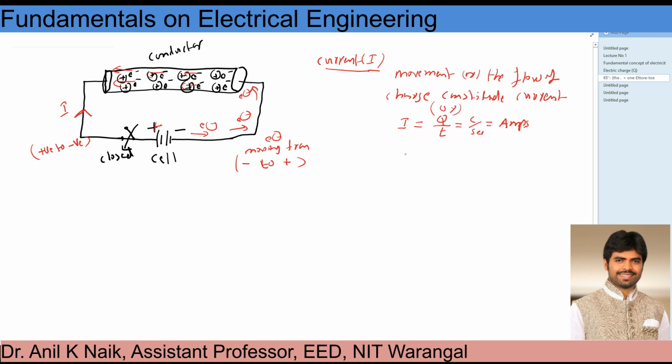Another definition of current: you can say it is the rate of change of electrons, and I is equal to dq by dt, also in amperes. You need to understand the different definition here, the rate of change.